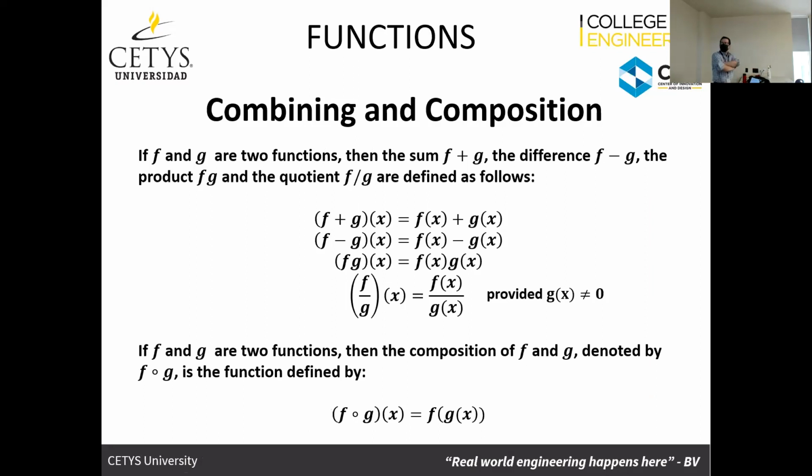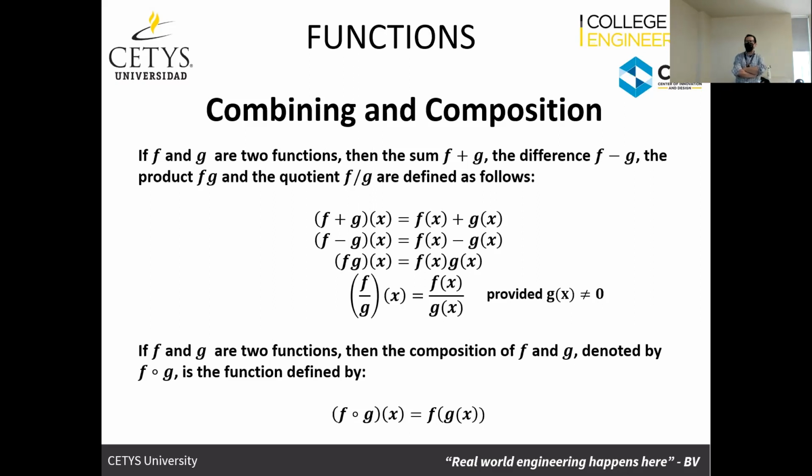Okay. So the last topic of this section is called combining and composition, which is basically what we do when we have 2 or more functions and we're going to do some sort of operation with them that actually creates a new function based on these individual functions.